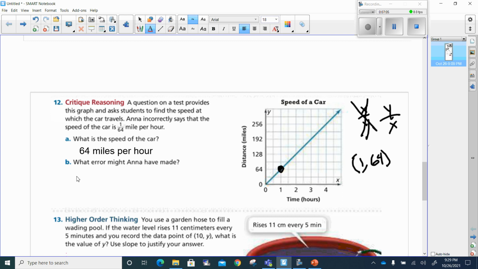64 miles an hour. All right, and what error might Anna have made? Seems to me that she put x over y instead of y over x.